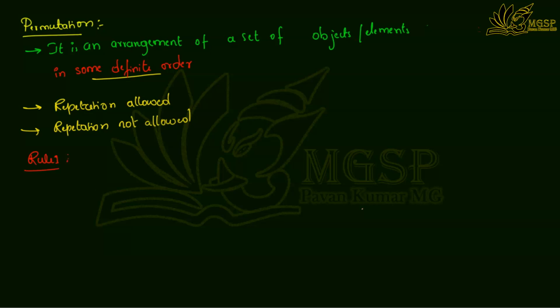What does rule 1 tell us? n distinct objects or elements can be arranged in n factorial ways.